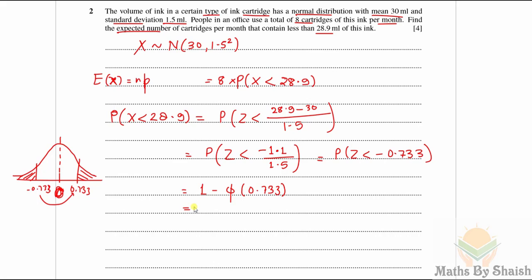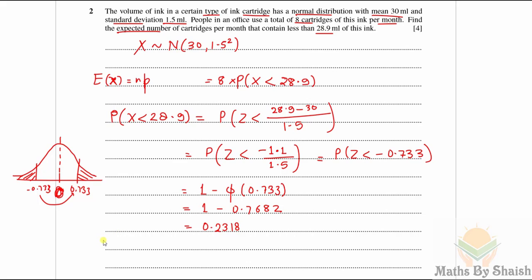From the distribution table we get 1 minus 0.768682, which is 0.2318. So the probability that the volume of ink in a certain type of ink cartridge is less than 28.9 is 23.18%.